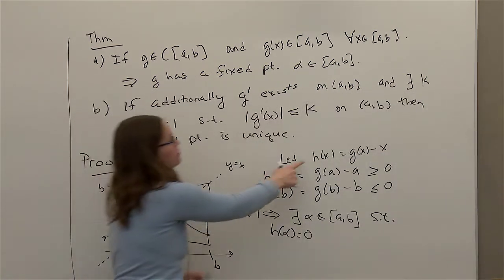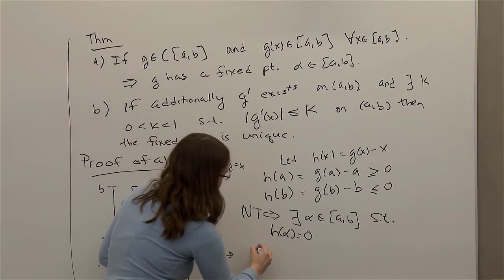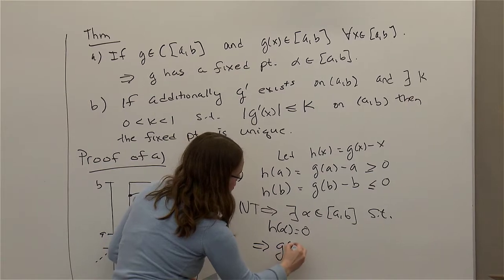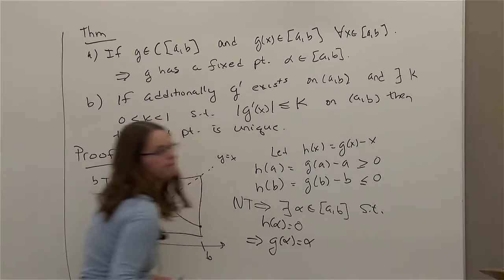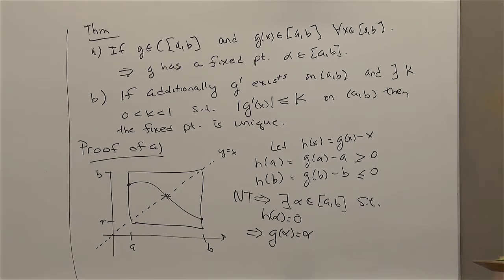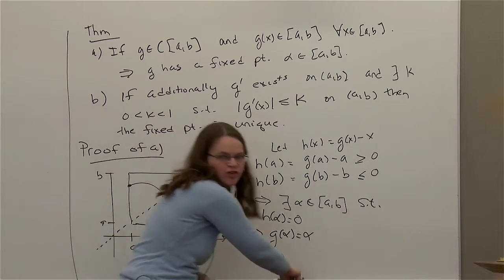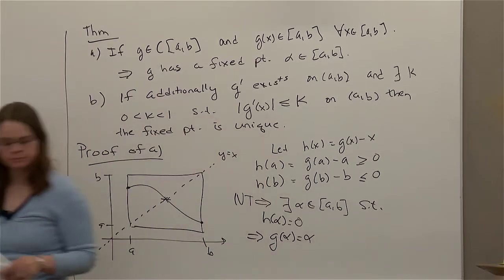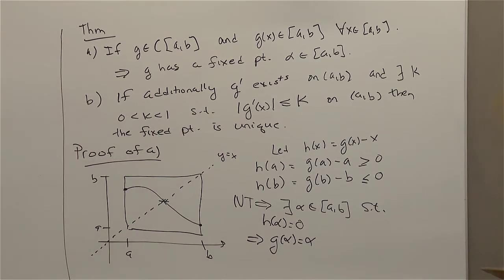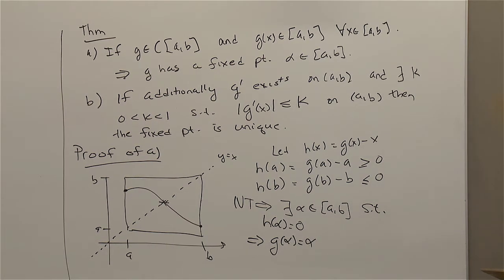And if h of alpha hits 0, that means g of alpha minus alpha hits 0. So that means that g of alpha equals alpha. Right, so a nice, really simple little proof that the fixed point exists. You're happy with that part?